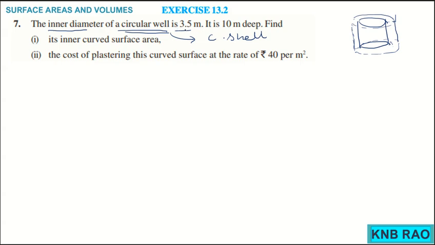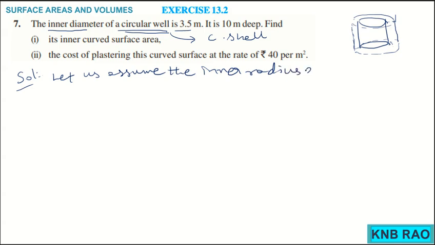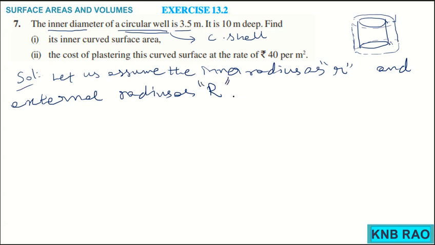So let us assume the inner radius as r, that is small letter, and the external radius as capital R. Now the small radius becomes, where inner diameter means small d, half of the inner diameter becomes the inner radius.